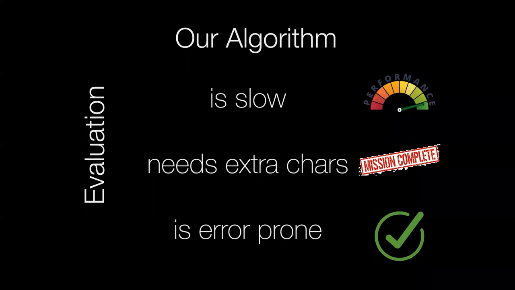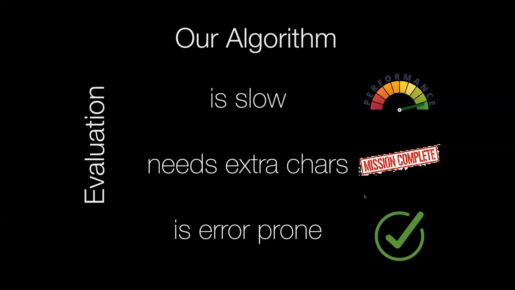You may have two perfectly correct algorithms solving the same problem, but one is fast, one is slow, okay? Then, needs extra chars. This means that we didn't actually solve the problem. We just proposed a partial solution, not a complete solution. So our mission is not complete.